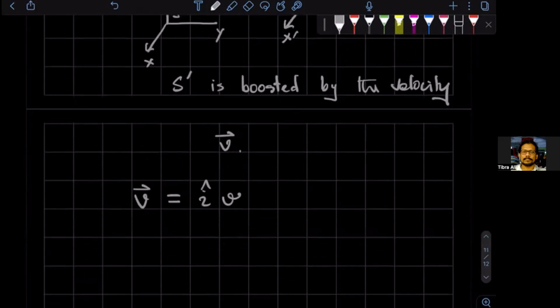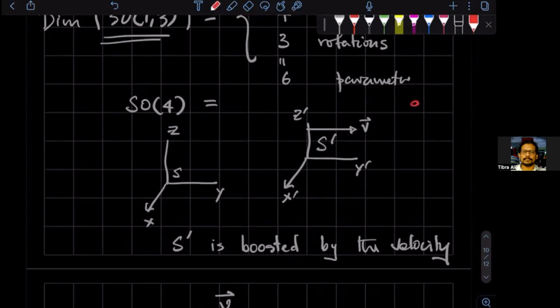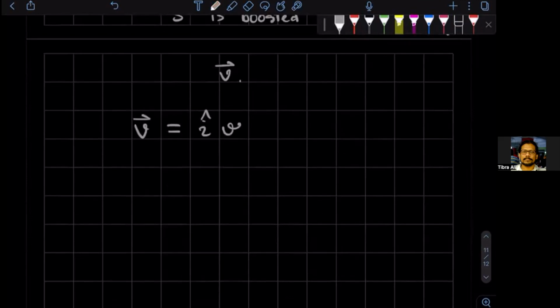Suppose we have some point here, some physical event. This event will have some coordinates in both reference frames, right? So there's the time coordinate and the x coordinate of this point, and there's also t prime, x prime, y prime, z prime.